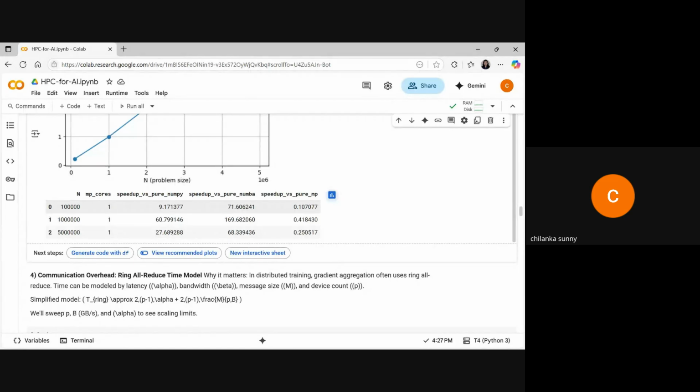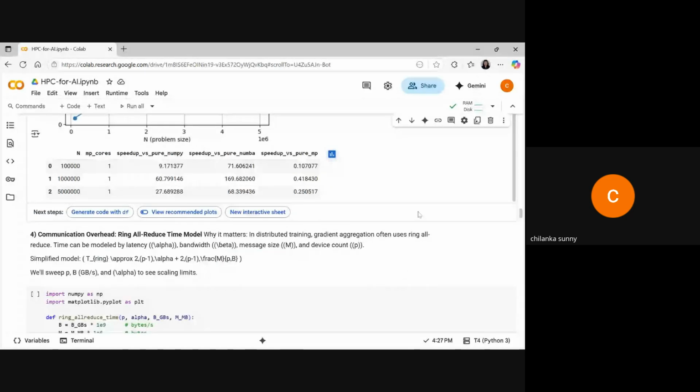Here the speedup is much more in NumPy. But as this is just a micro benchmark, whenever vectorization is possible, it's better to go with NumPy. Otherwise, if vectorization is not possible, we should go for Numba. And if none of these are available, then the multiprocessing environment can help.